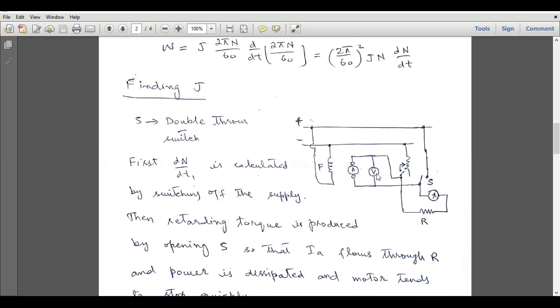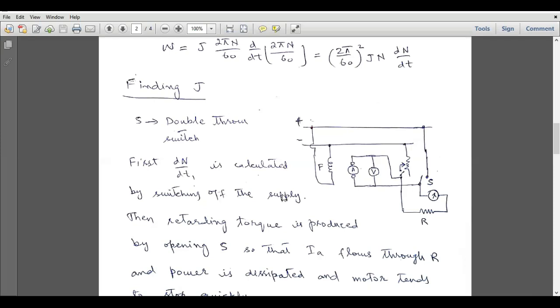As a result, when the electrical energy is dissipated quickly, the kinetic energy of the armature is also released quickly, and the armature will stop in a shorter span of time as compared to the previous case, in which no such external resistance was present. That is the most important thing to consider in this test.